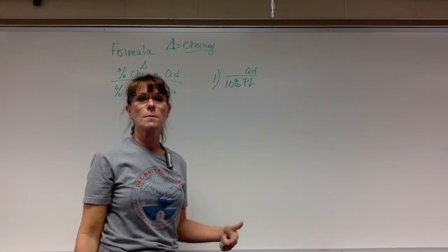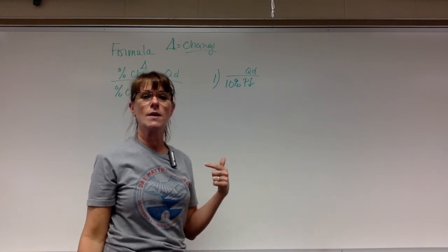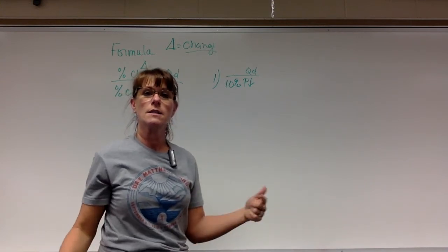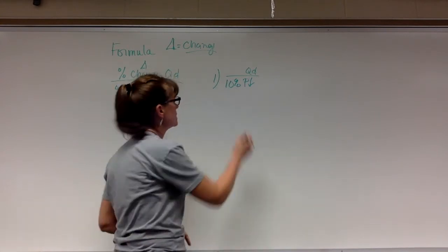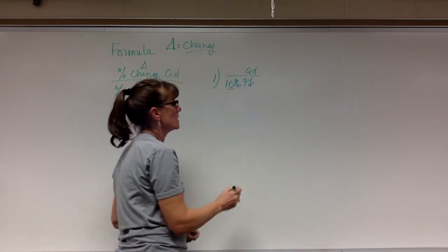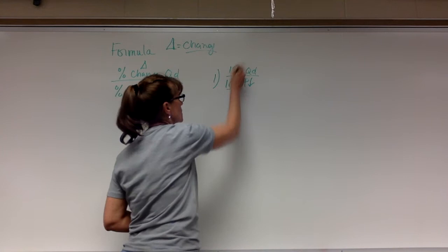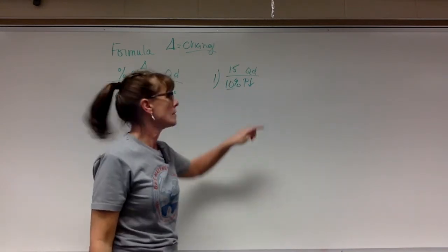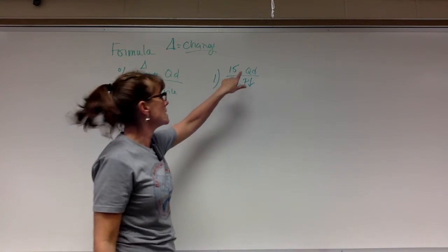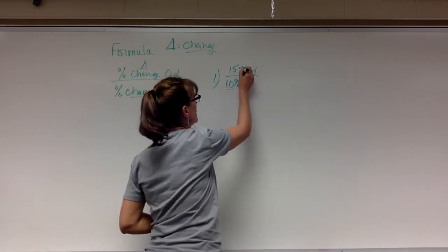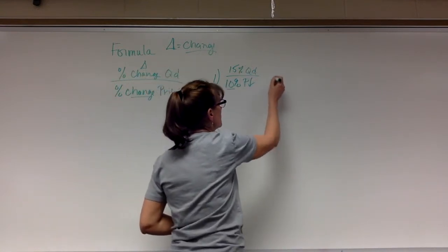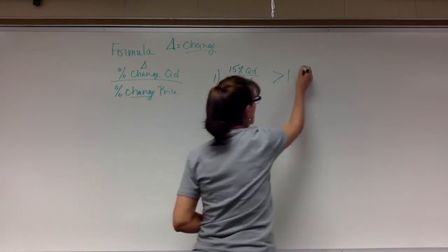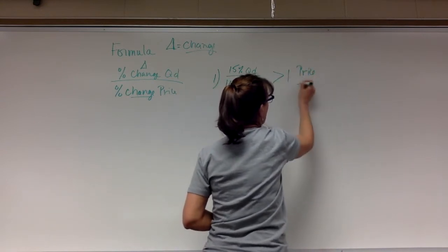How much depends on if it's price elastic or price inelastic. Elastic's more sensitive, so what you're going to see is a larger change than that 10%. So 15%, 25%, 11%. Anything that's above 10 makes this number greater than 1, so this is greater than 1, it is price elastic.